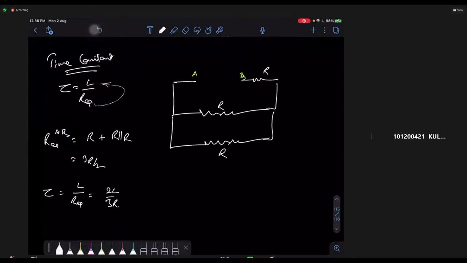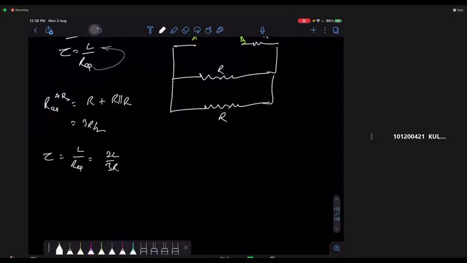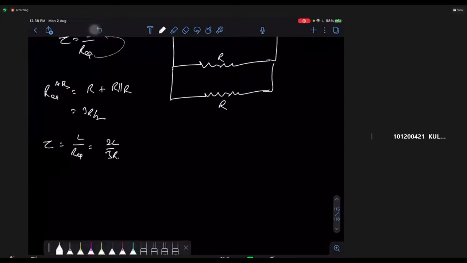Okay, so next is that growth is exponential. Growth exponential here means the circuit approaches its steady state exponentially, always.